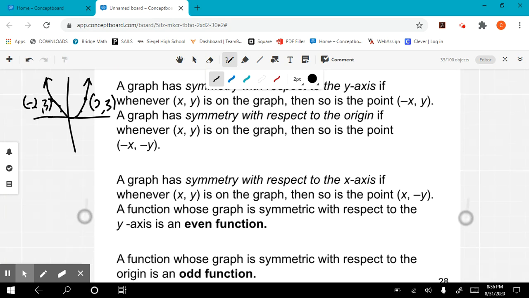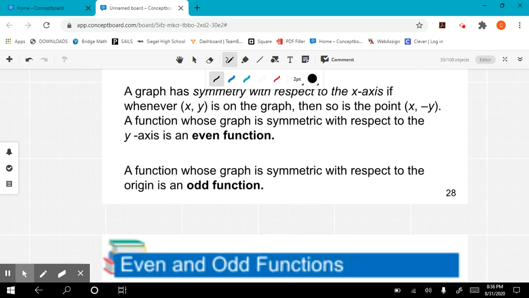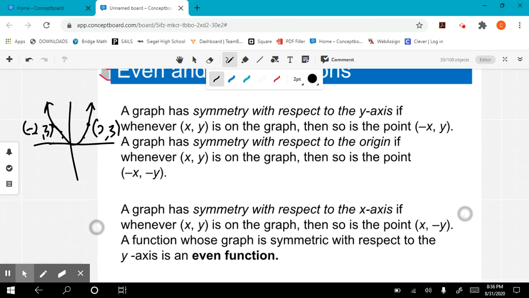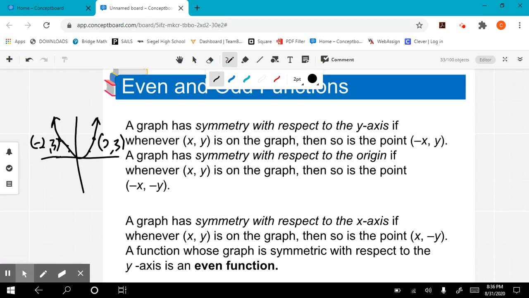I get it confused, so let me make sure I get that. This is an even function. I wanted to make sure I got that straight. So whenever this is the case, that it matches up, basically the y-axis is a dividing line. If you folded this across the y-axis, this side would line up to this side exactly. This is what is called an even function.